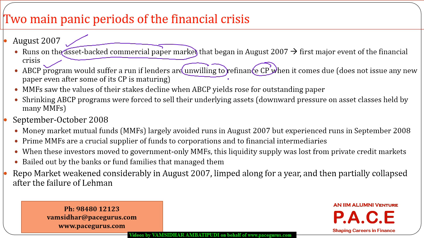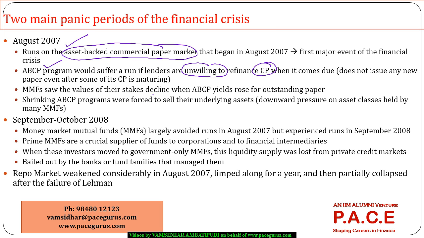So there was a maturity for the existing commercial paper. Generally, it would be rolled forward, which means another new commercial paper would be issued, against which the borrowing would happen, and that amount would be used to pay the existing commercial paper which had matured.